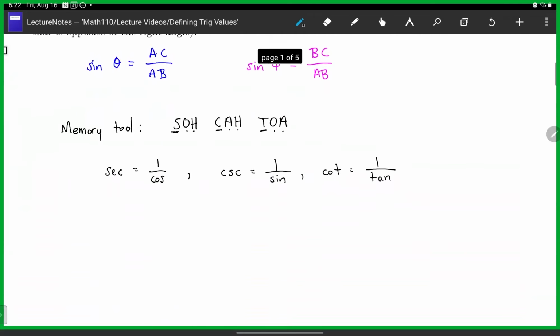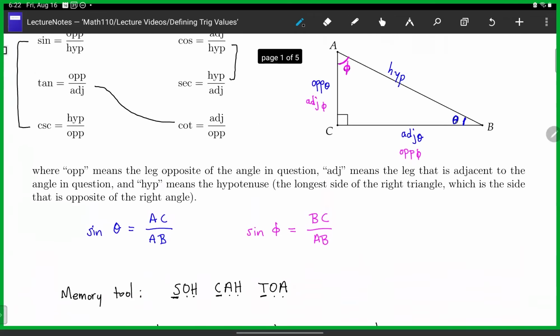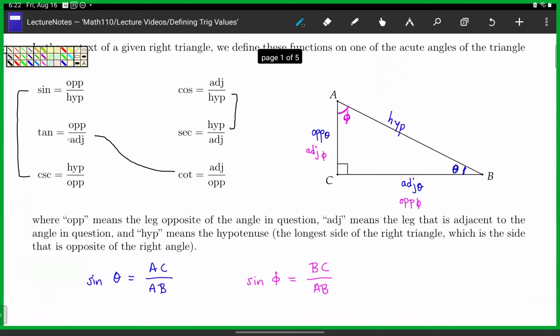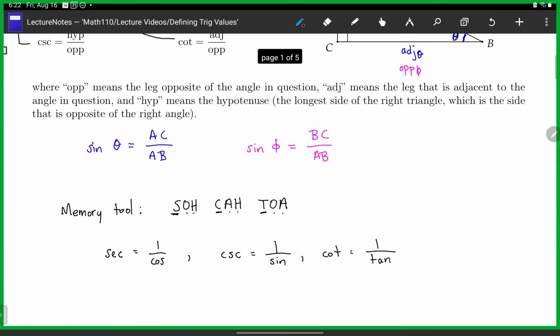And also, we can write the tangent is sine divided by cosine. So opposite divided by adjacent. If I divide sine divided by cosine, those hypotenuses actually cancel out.